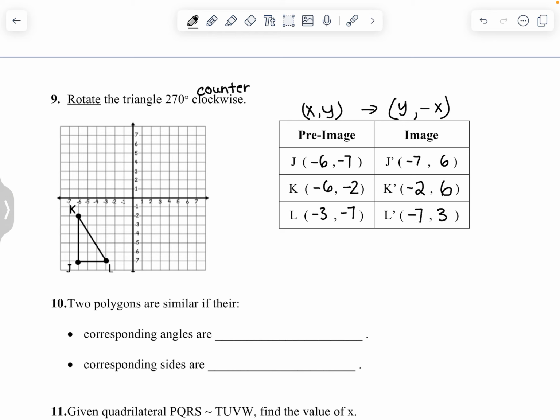Let's graph our points and see where our triangle lands after we turn it 1, 2, 3 times.